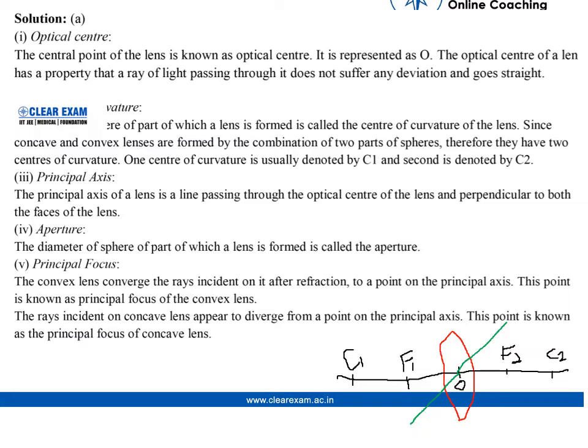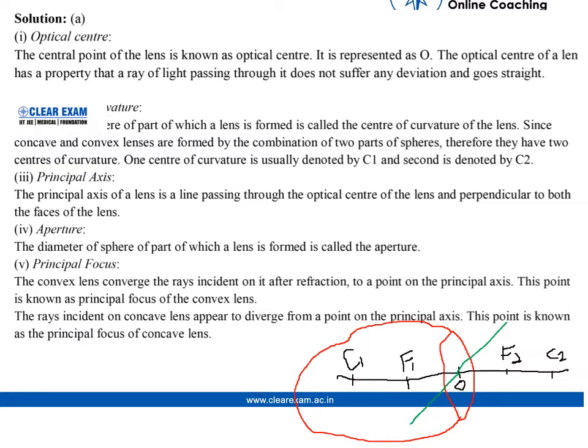Okay, so next we have center of curvature. So center of curvature is the center of the sphere of which the lens is a part. So here C2 and C1 are centers of curvature. Actually what happens is, if we extend it like this, then this C1 is the center of curvature. It is the center of this circle.